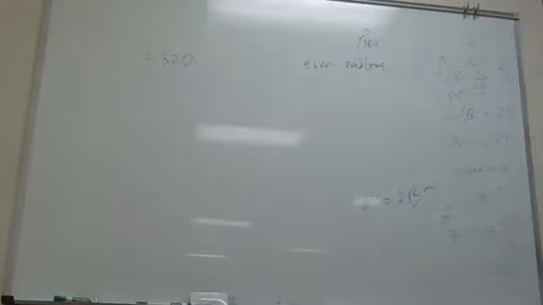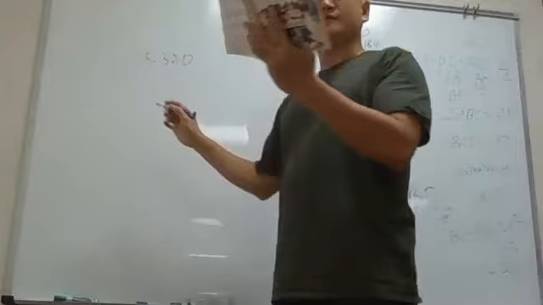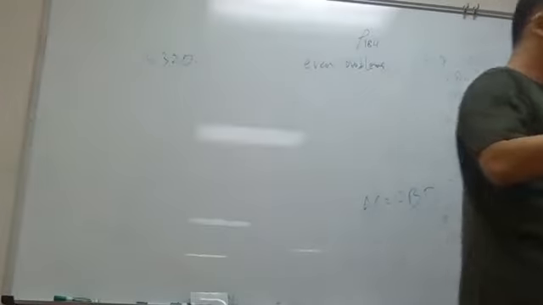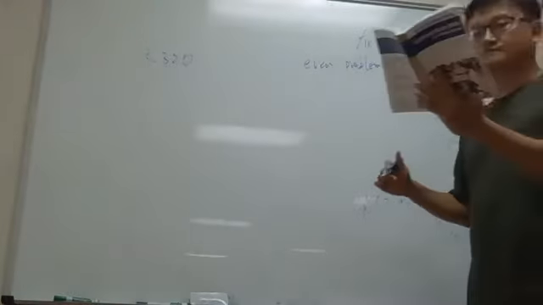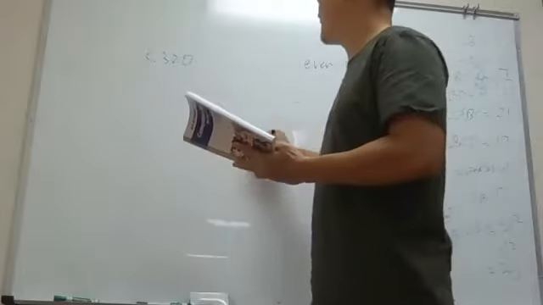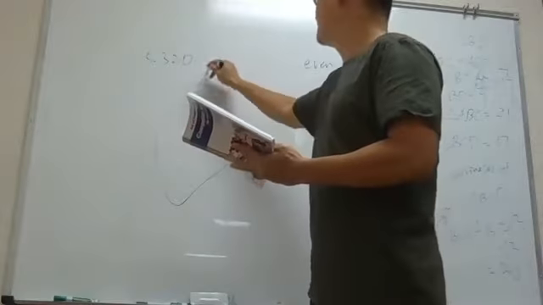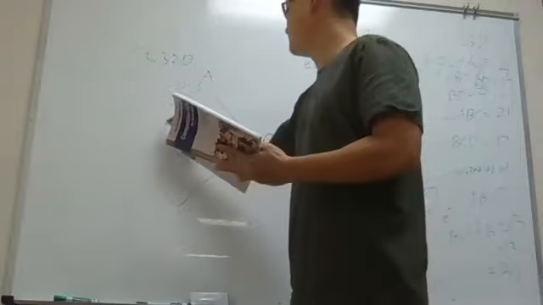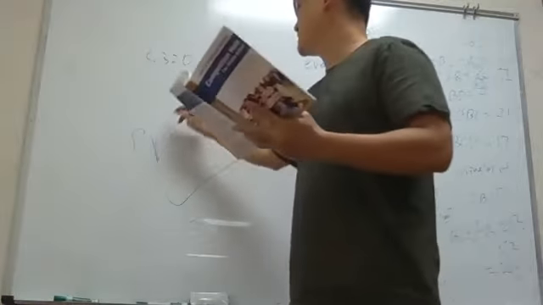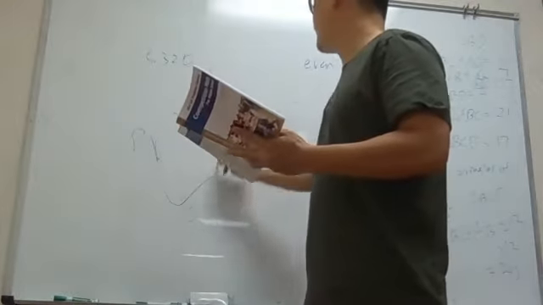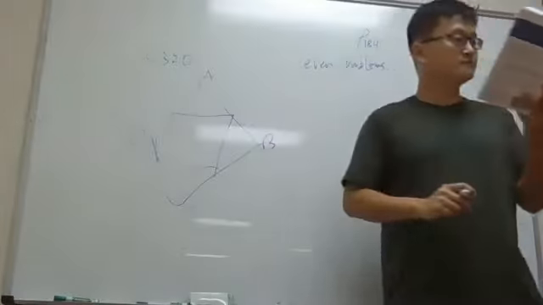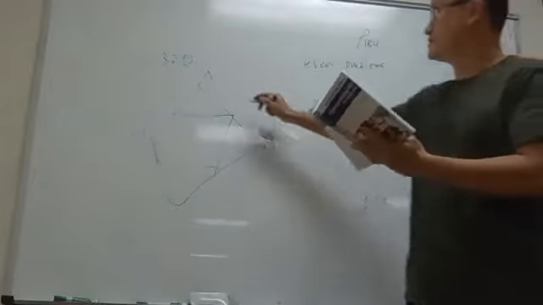5.320. Okay, so we have the midpoints of a quadrilateral ABCD. So any quadrilateral ABCD here. So if we connect all the midpoints, right, you form WXYZ.